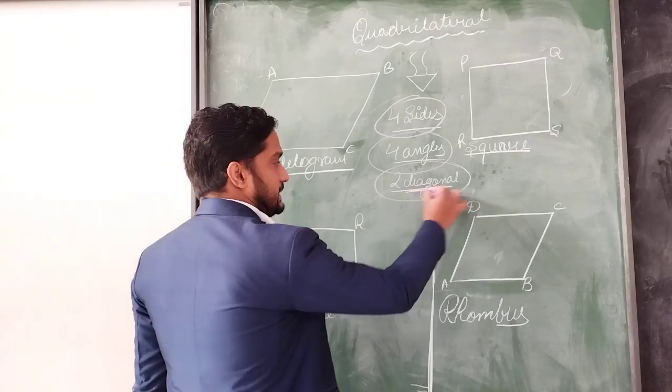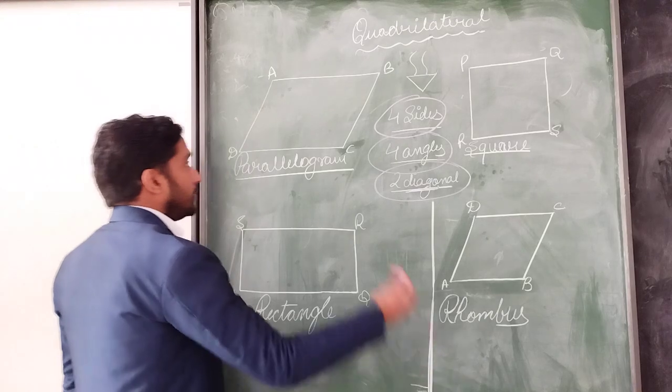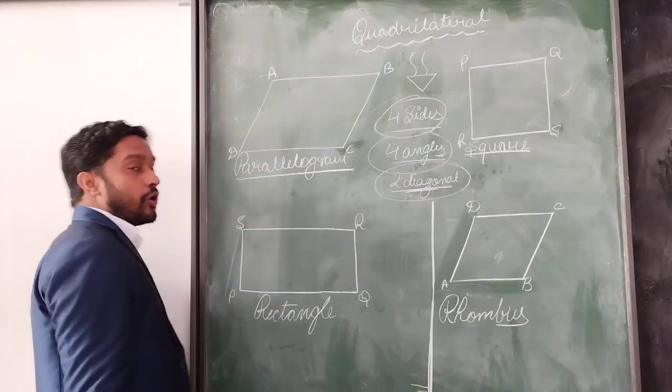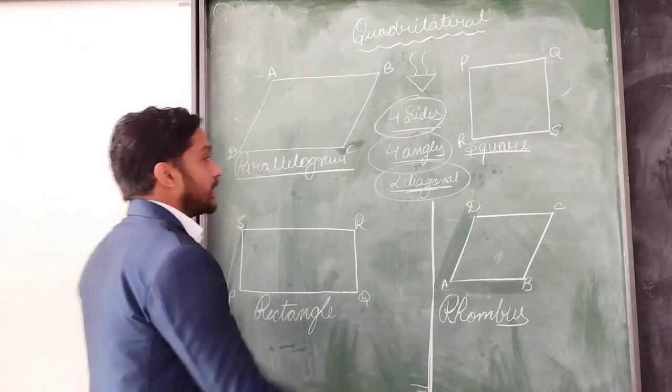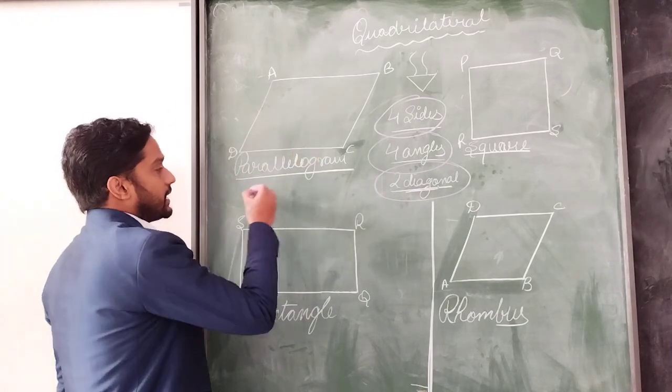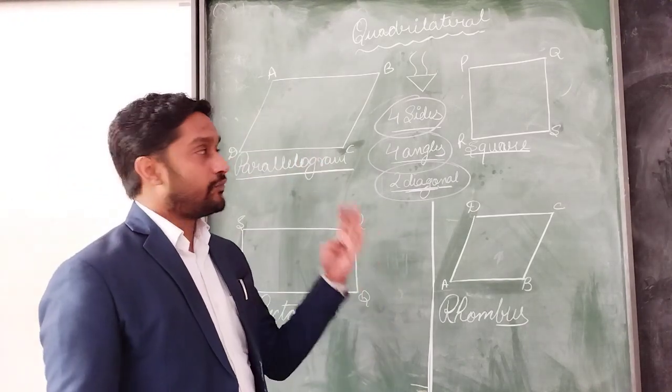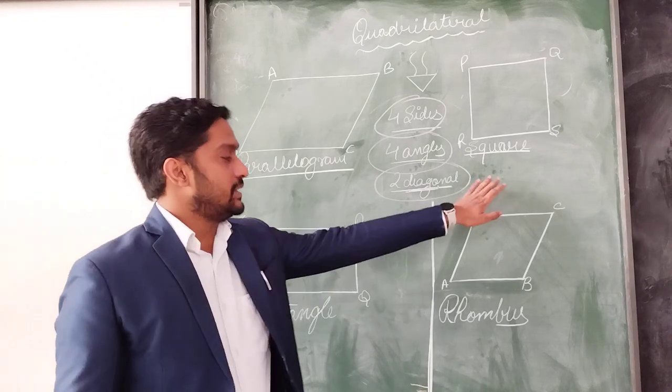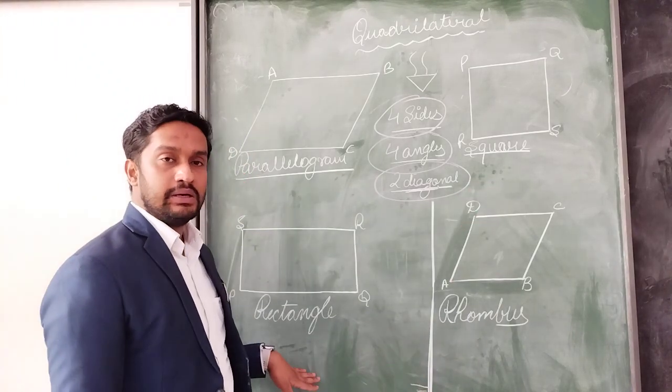What do you understand by diagonal? A diagonal is formed when two non-consecutive vertices are joined by a line segment. For example, here we have four quadrilaterals: parallelogram, square, rhombus and rectangle.